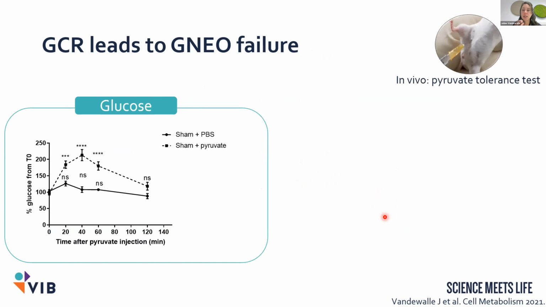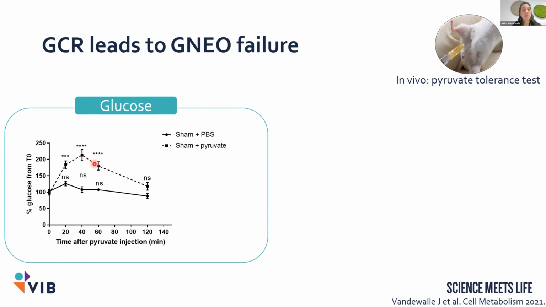As the gluconeogenesis pathway is very important to foresee in glucose production, we measured the gluconeogenesis capacity of our septic mice. And therefore, we make use of the pyruvate tolerance test. And with the pyruvate tolerance test, pyruvate is injected IP into the mice. In the normal mice, so with sham mice, we can see that upon pyruvate injection, there is a glucose increase.